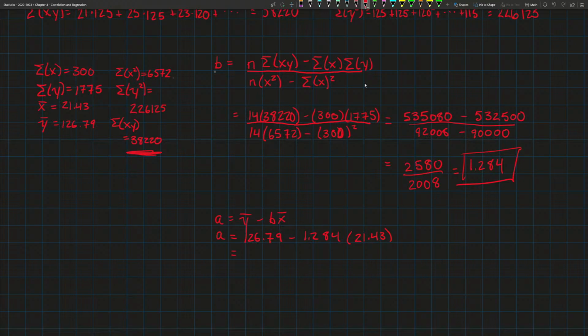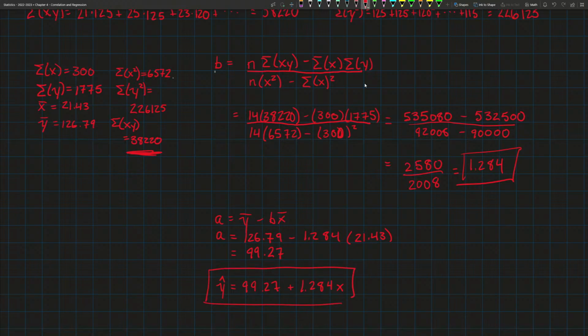So if we do this, we get 99.27. So we have A and we have B, so then our equation of our line of best fit is going to be y hat is equal to 99.27 plus B 1.28 times x. And then this is our equation that we're looking for.